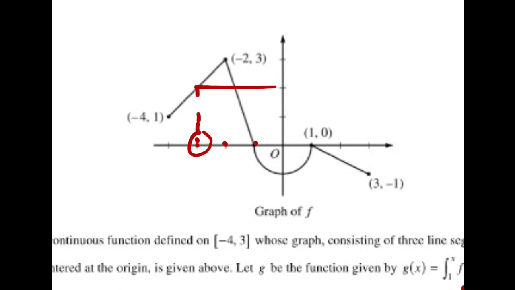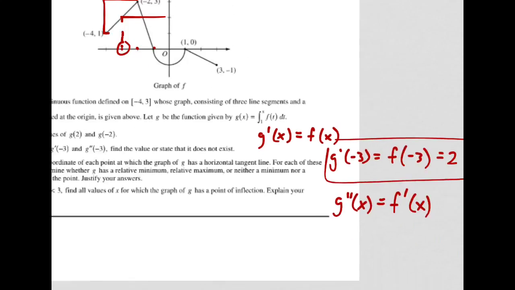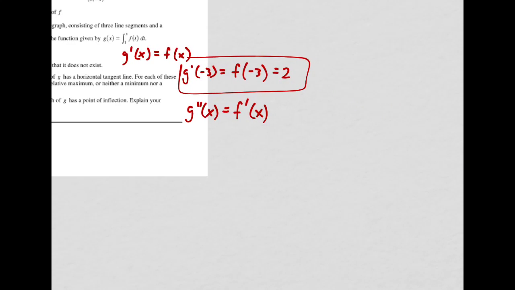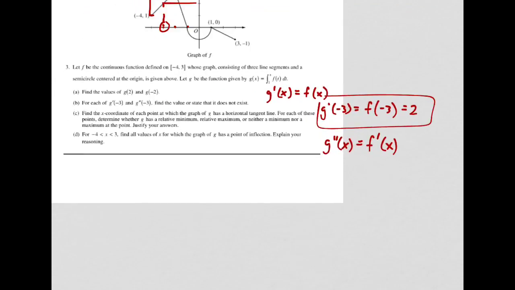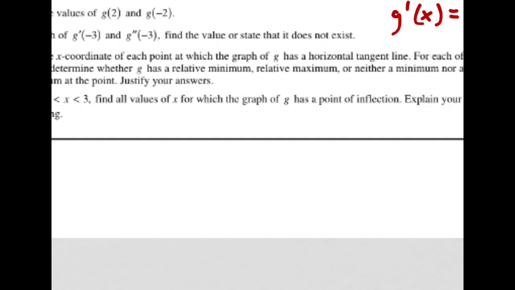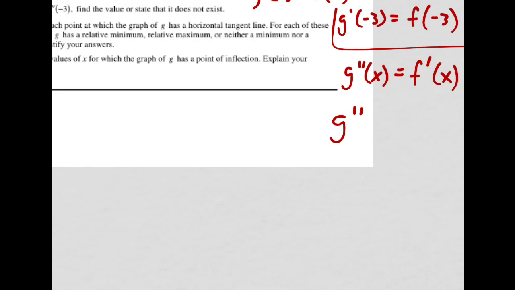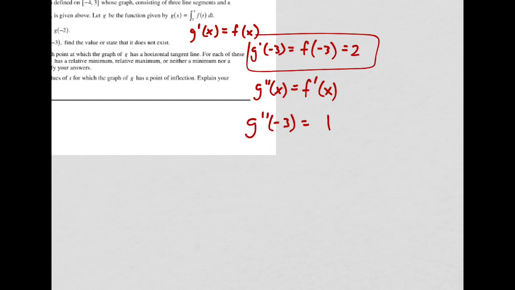Well, I can just count it. It looks like I start at 1, and I rise 1, 2, and I run 1, 2. Yeah? So the slope is just 2 over 2. So g double prime of negative 3 is just positive 1. That was quicker.